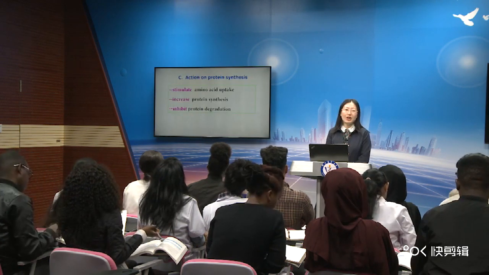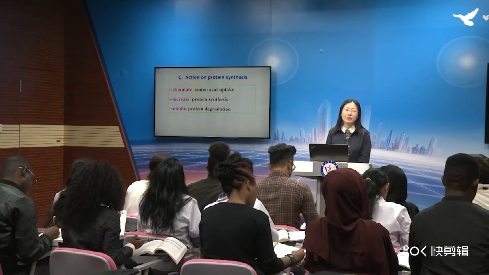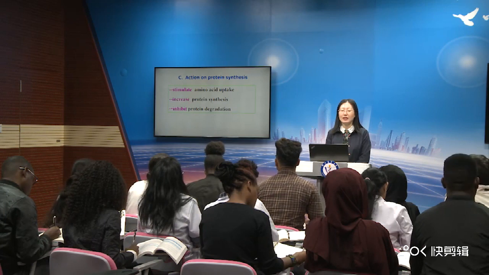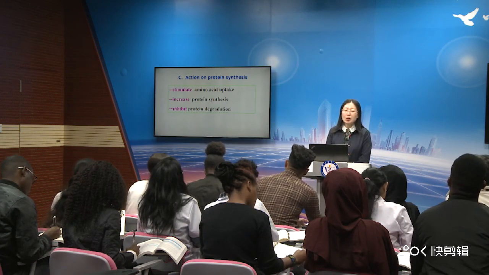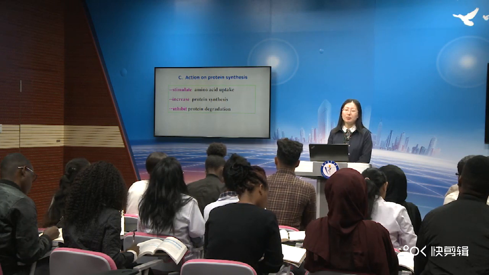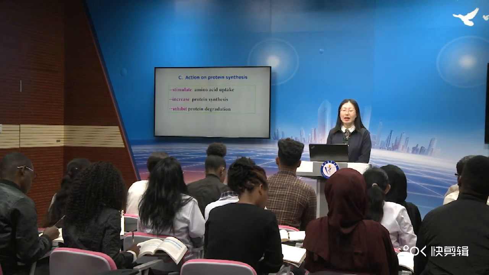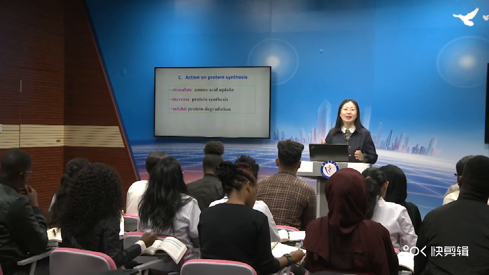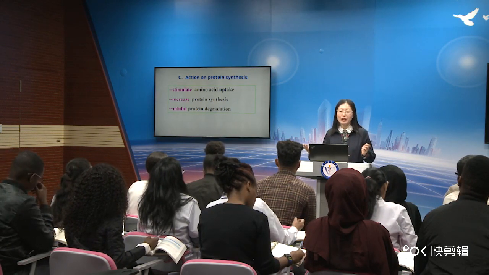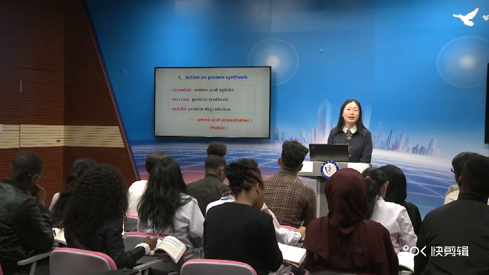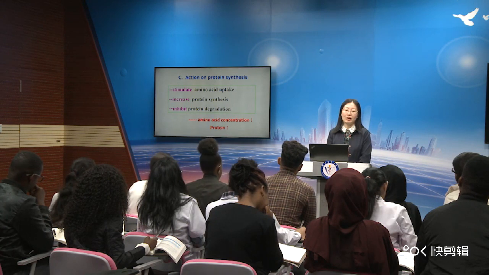And the third physiological function and pharmacological effect of insulin, action on protein synthesis. Insulin can stimulate amino acid uptake, increase protein synthesis, and inhibit protein degradation. So at last, insulin increases protein concentration.